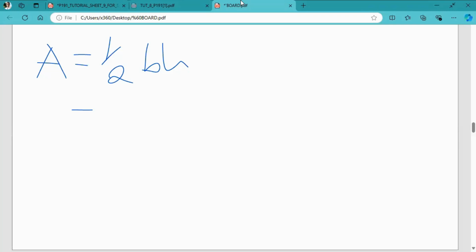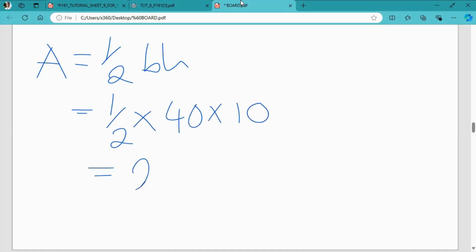So area is equal to half multiplied by the base as 40, the height is 10. This will be equal to 20 multiplied by 10, giving us 200.